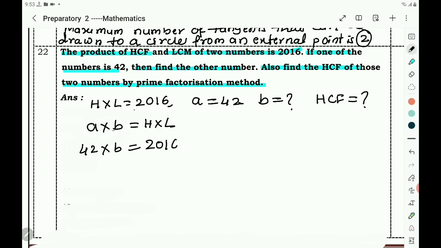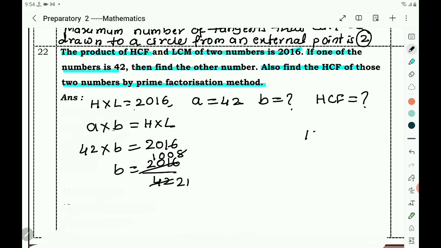Directly you write 2016. Then B equals 2016 by 42. Then divide 2016 by 42. You can cancel here. You got 1008 by 21.